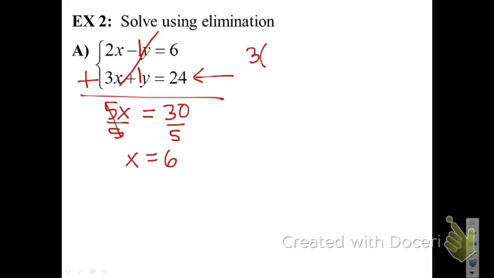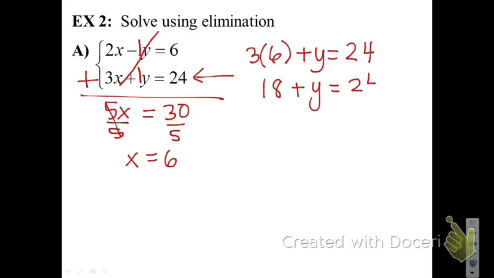So I put that value in, and I write the remainder of the equation. And then we're going to solve this equation. To solve this equation, we multiply 3 and 6 to get 18. And then to get y all by itself, we subtract 18. So y equals 6. So our solution in this case is one solution.